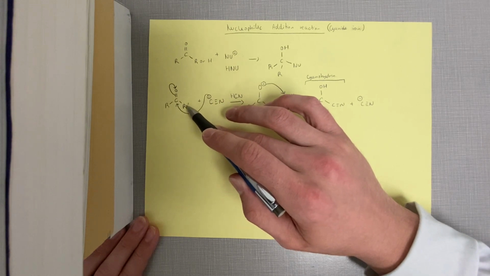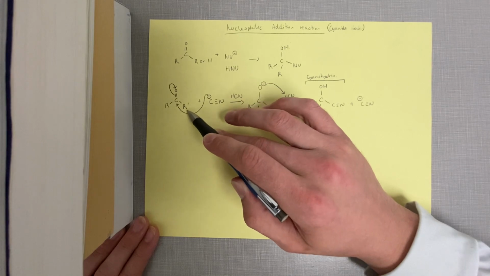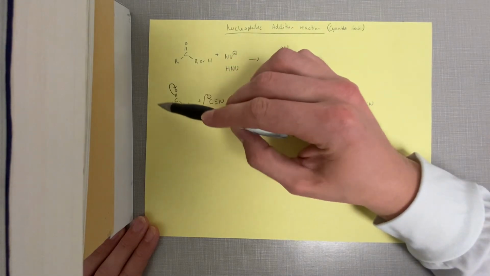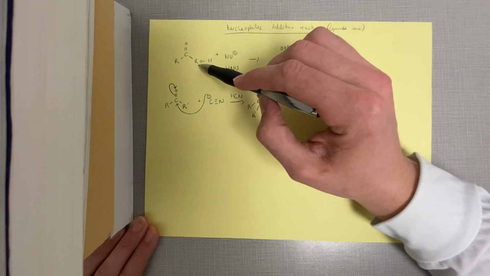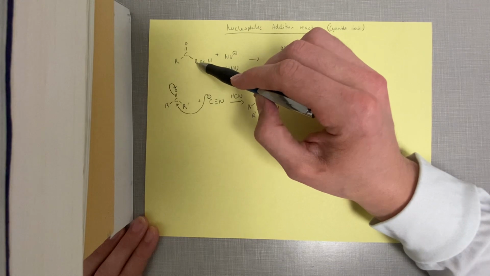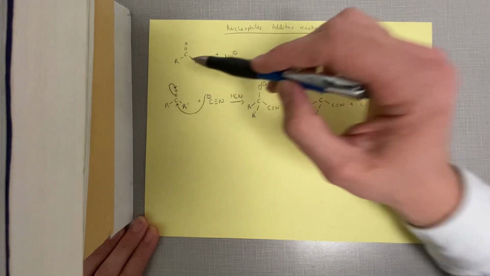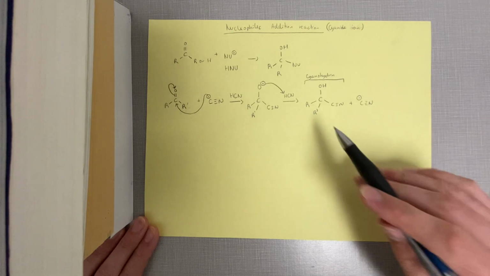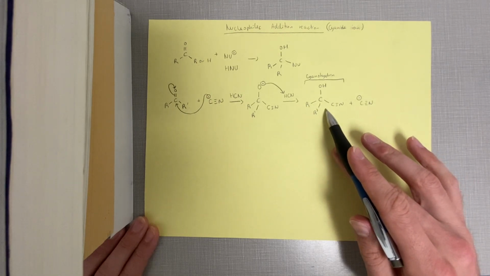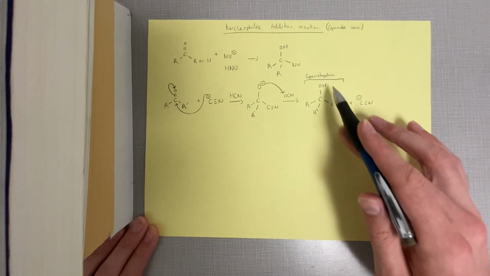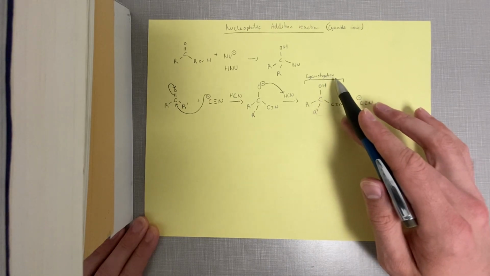In this case, I was able to understand that this was a ketone, and as I mentioned earlier, this R group is a bad leaving group, so it won't leave. It will still be in the final product, which in this case gives us this tetrahedral product, which is the cyanohydrin.